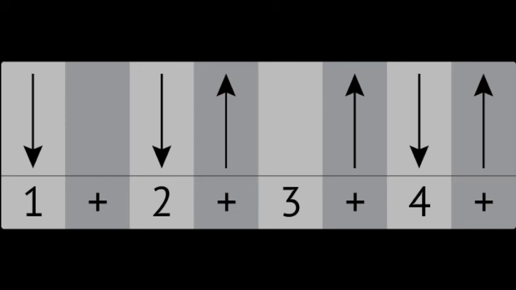The arrows pointing down tell you to strum down on that beat. The arrows pointing up tell you to strum up on that beat. Okay, so if we count out 1, 2, 3, 4, 1, 2, 3, 4, you're going to notice you're going to be strumming down on beats 1, 2, and 4.